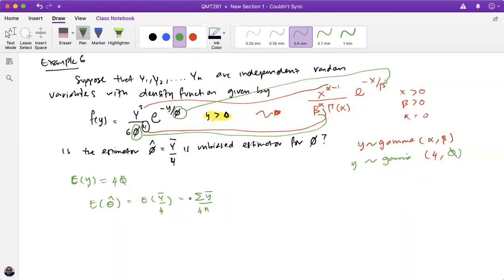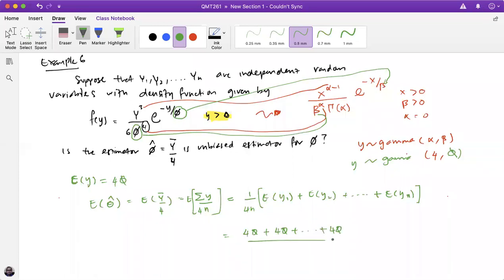So this is just a summation of y. So this one is going to be 1 over 4n, expected value of y1 plus expected value of y2 plus until expected value of yn. So this one to be 4 phi plus 4 phi plus until 4 phi divided by 4n.